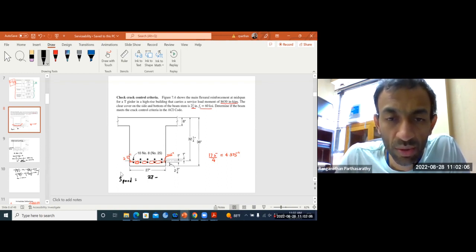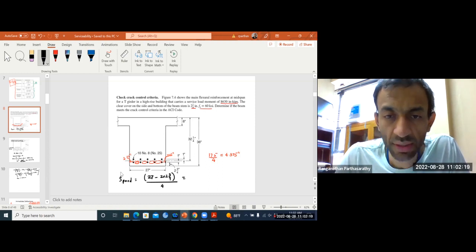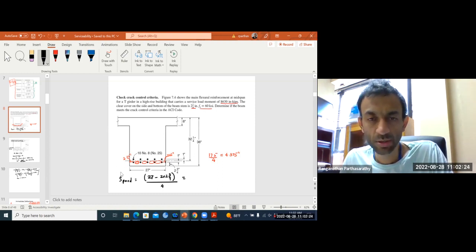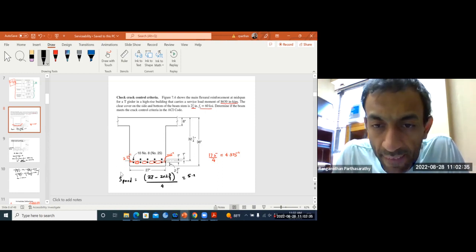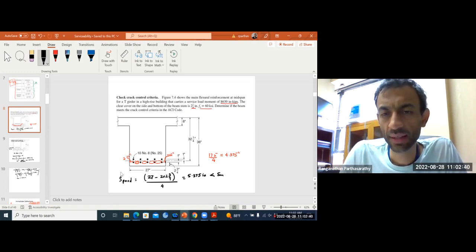So you take out 2 times 2 and 3/4 on either side, and whatever is remaining, you divide that by 4. Okay, you have 4 spacings, so that is 5.375. Okay, so this is less than max, so it is okay.